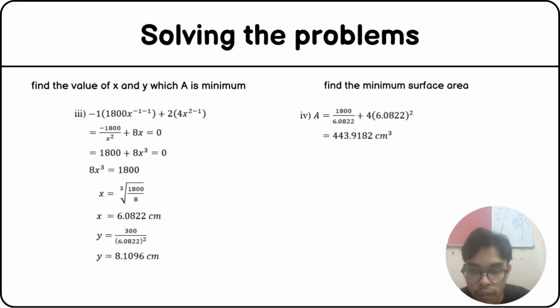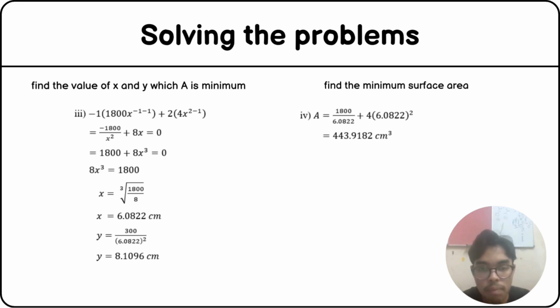The value of x is 6.0822 cm. Then we can apply the value of x in the answer of the first question, which is y equal to 300 over 6.0822 squared, and we get the value of y, which is 8.1096 centimeter.